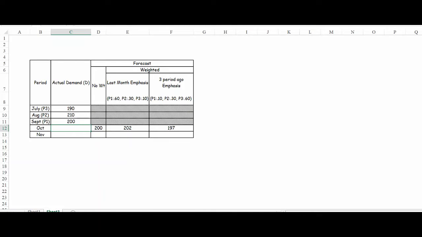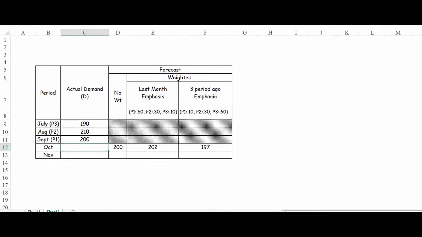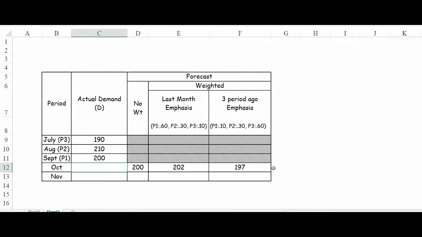So here we are. I'm going to make this a little bit bigger. This is the same problem. I just rounded these to the nearest whole number. If I took no weight, I would say October I should run 200. If I thought that September demand was more indicative of what I'm going to be doing in October, I might apply 60% to September, 30% to August, and 10% to July.